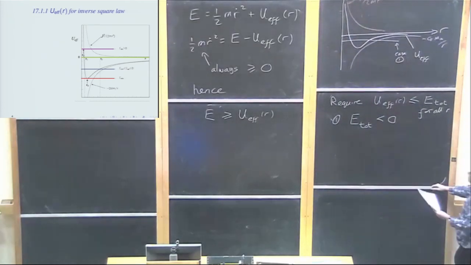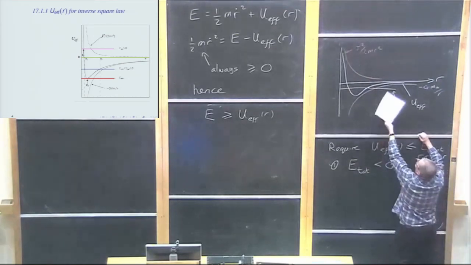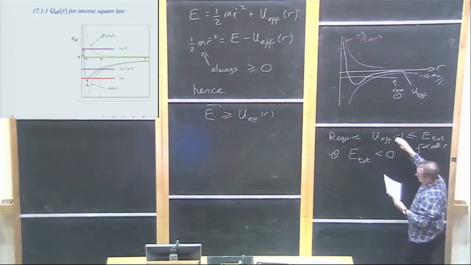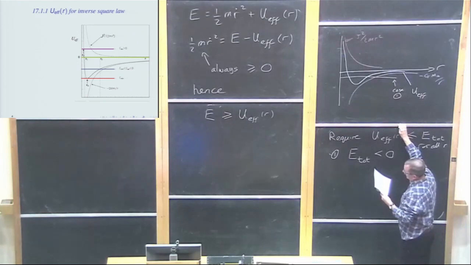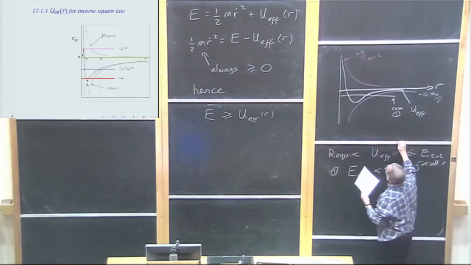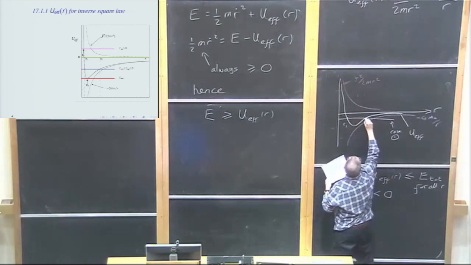And we see that this horizontal line intercepts the effective potential in 2 places, which I call R1 and R2.